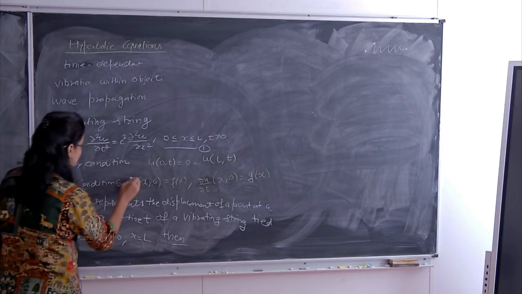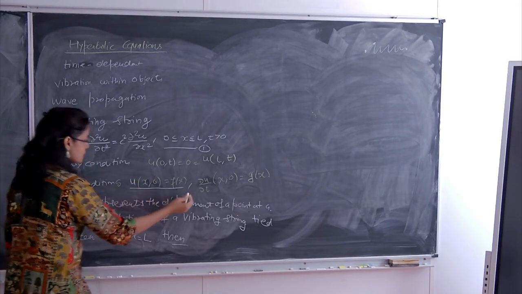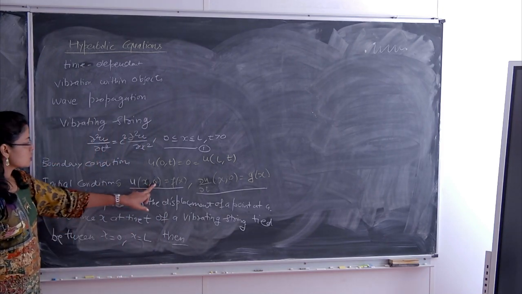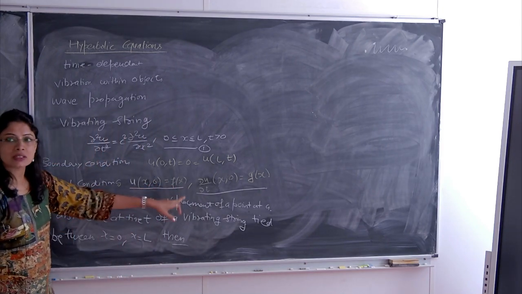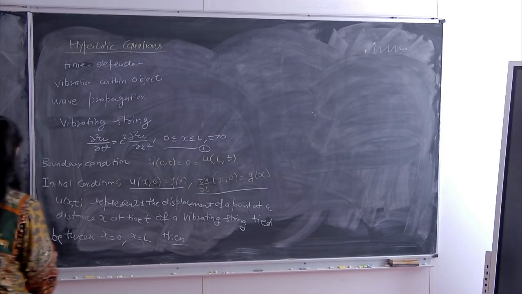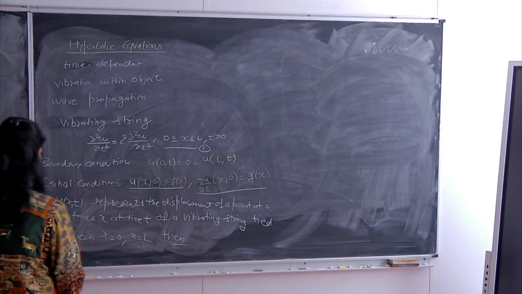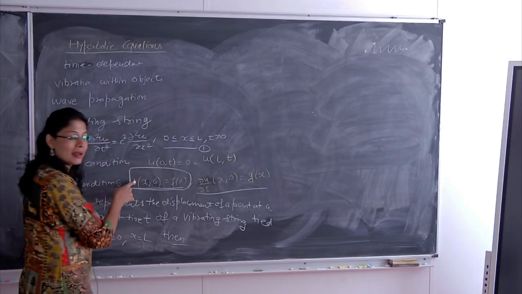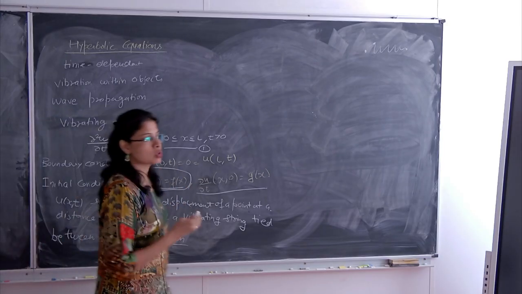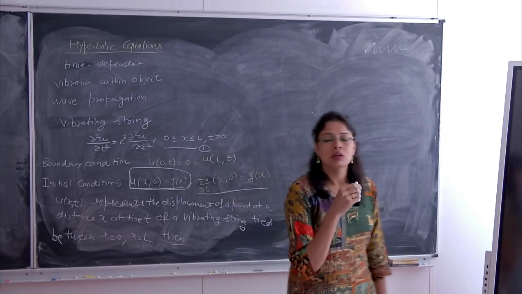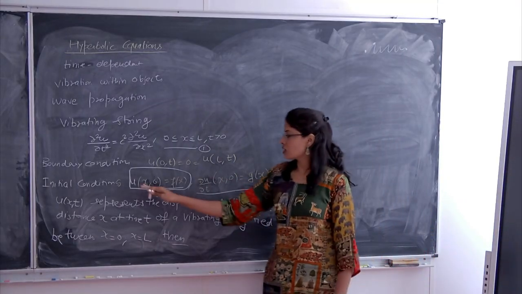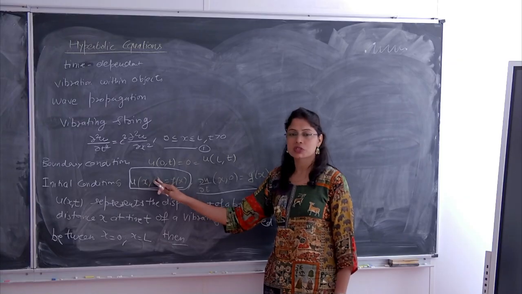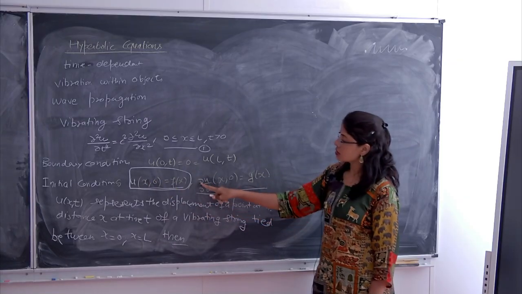Now, there are two initial conditions also. What do these two initial conditions indicate? u(x,0) is f(x). u(x,0) means when we have the initial time. So, this condition tells us the position of a point at initial time. When we start vibrating a string, what is the position of the string when time is 0? And what does the other indicate?